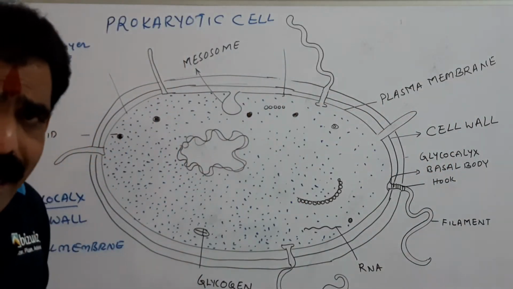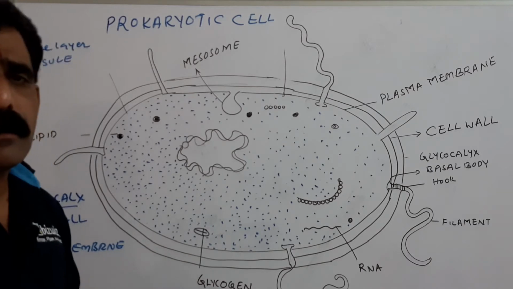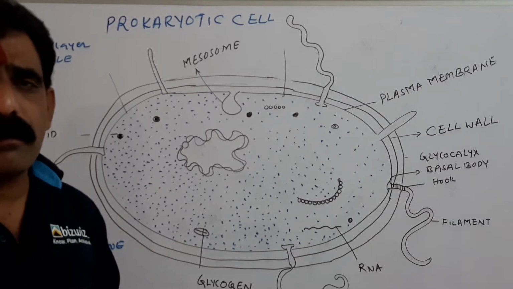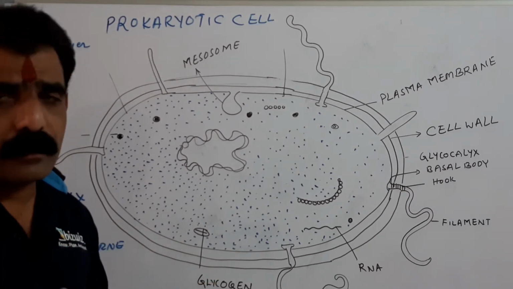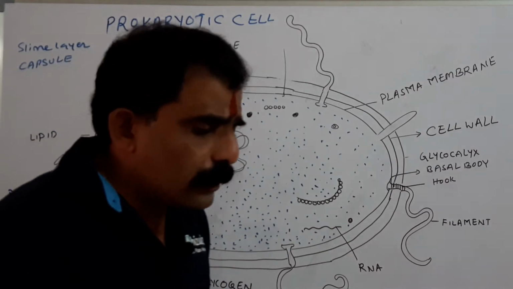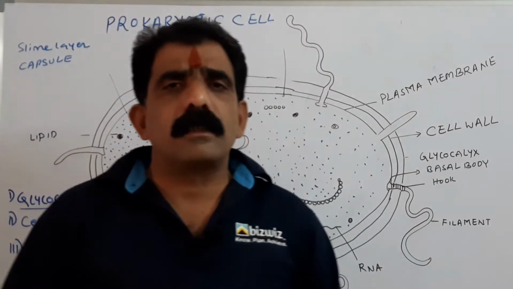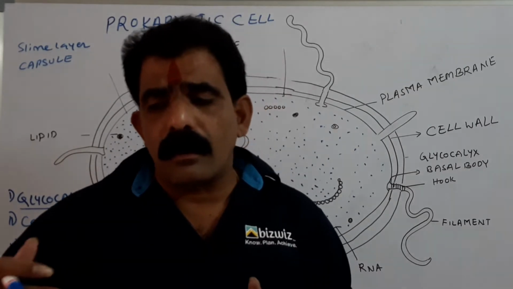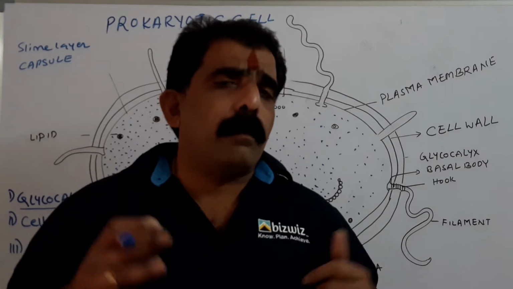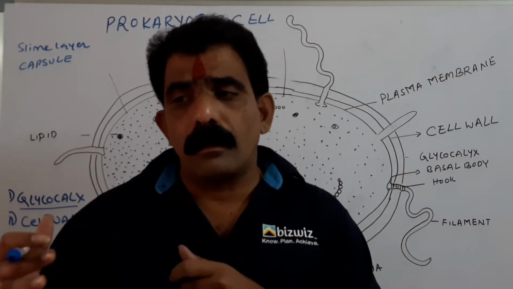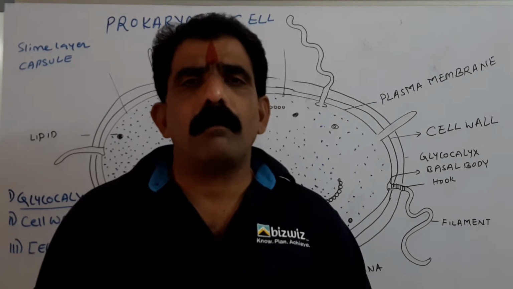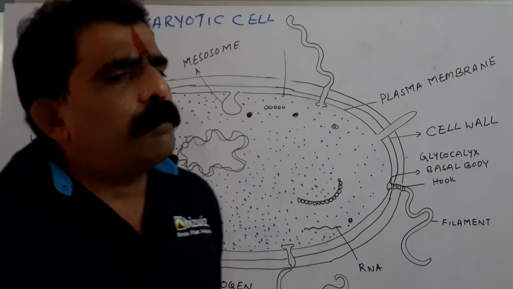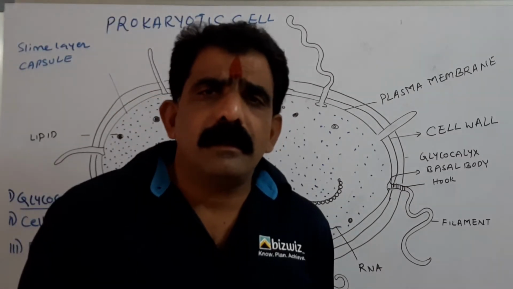If the bacteria has a capsule, it forms smooth colonies. If the bacteria lacks the capsule, it forms rough colonies. Smooth colonies are called S type bacteria, and rough colonies are called R type bacteria. S type bacteria are virulent, whereas R type bacteria are avirulent, non-pathogenic. So, the outermost layer of the cell envelope of a prokaryotic cell is called glycocalyx.